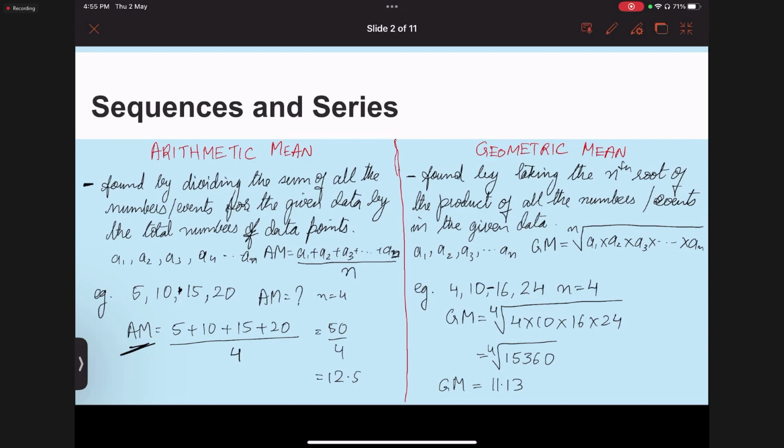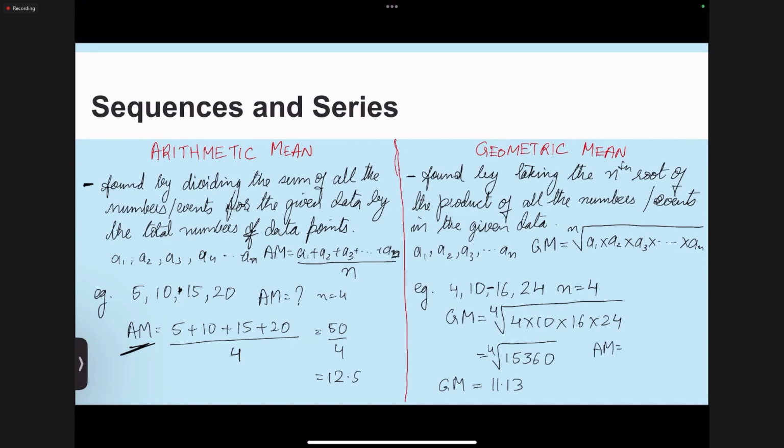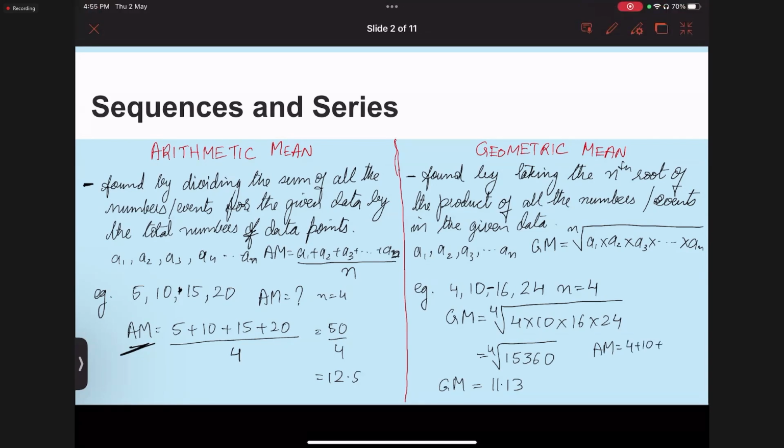Similarly, if we find the arithmetic mean over here, let's see if we get the same value or not. We'll do it for both the examples. So suppose we have 4 plus 10 plus 16 plus 24 by 4. 4 plus 10 is 14, 14 plus 16 is 30, plus 24 is 54, by 4.